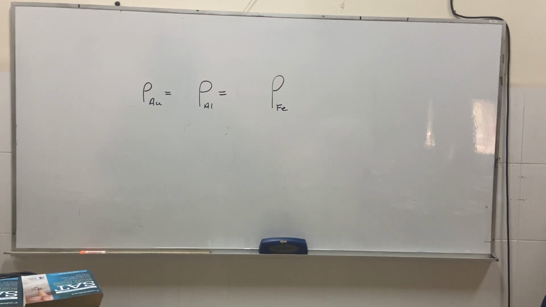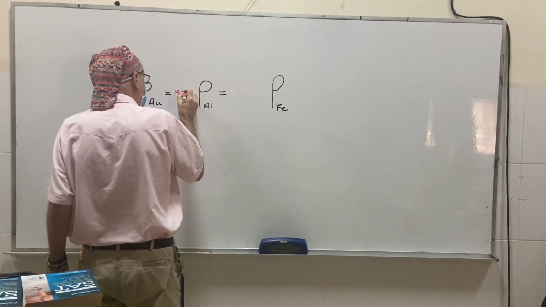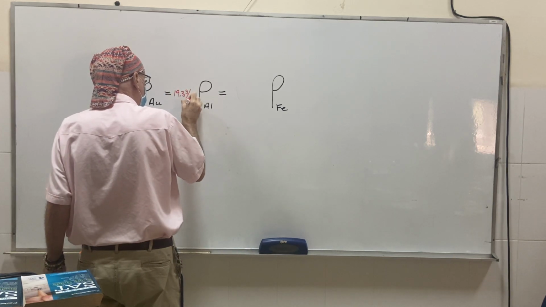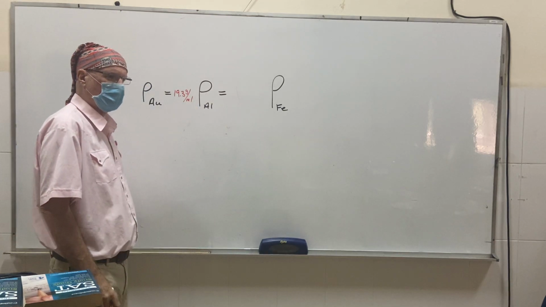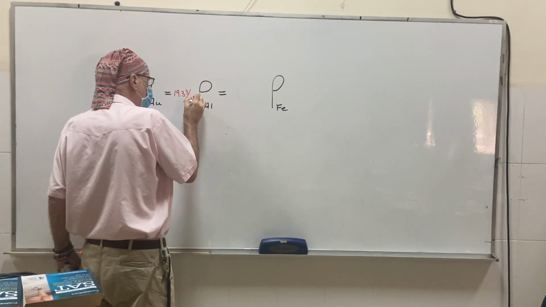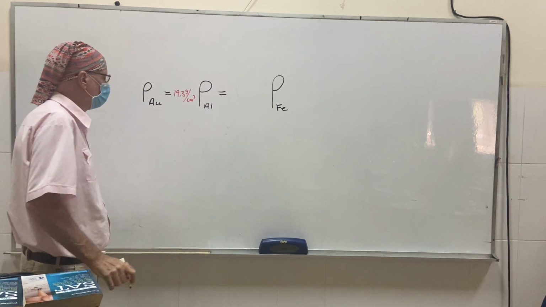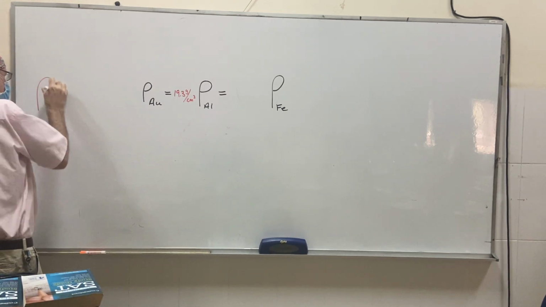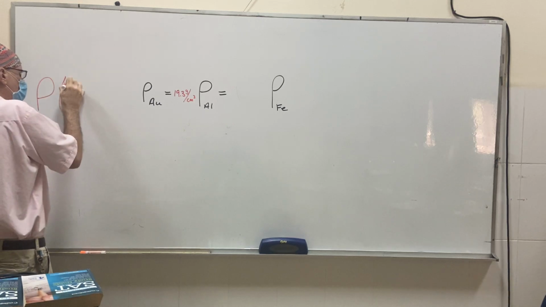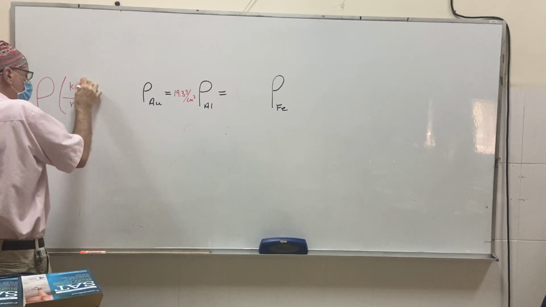Okay. Gold is 19.3. So this is 19.3 grams per milliliter, right? And when you talk about density, the unit labels are kilograms per cubic meter.